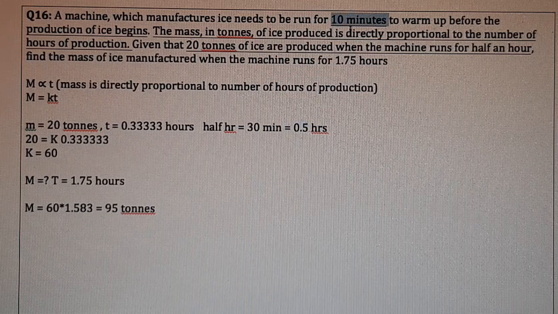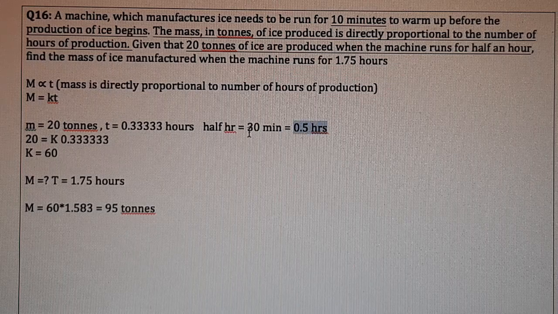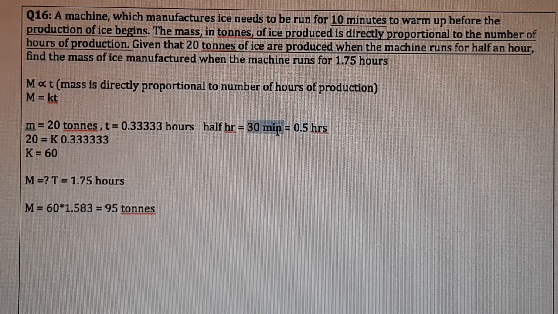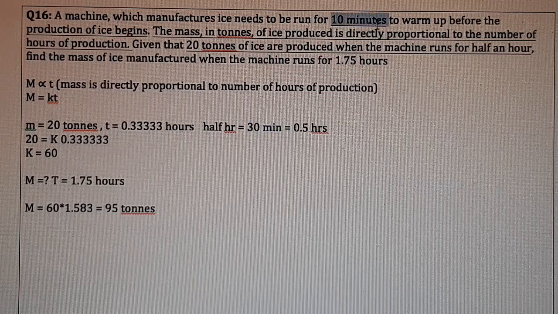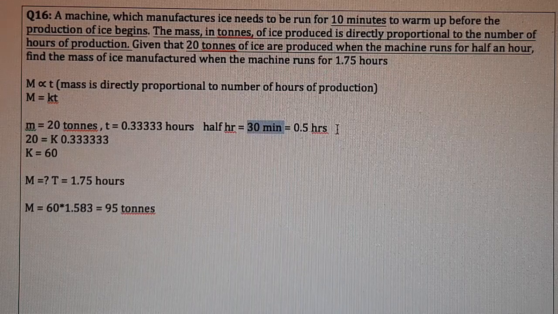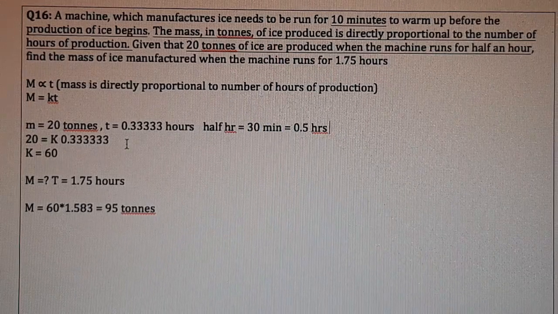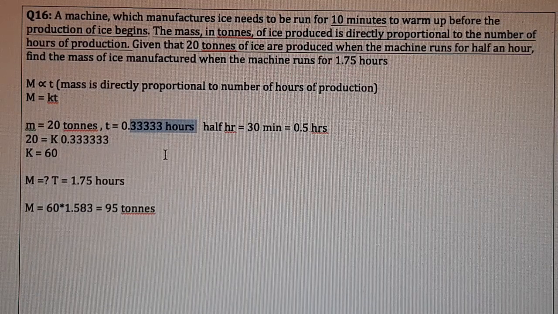There is no production in the first 10 minutes. So 10 minutes will be deducted from the half hour, meaning 30 minutes. 10 minutes will be used just to warm up the machine. So you are left here with 20 minutes. That is the time for production, and 20 minutes in hours is 0.3333.